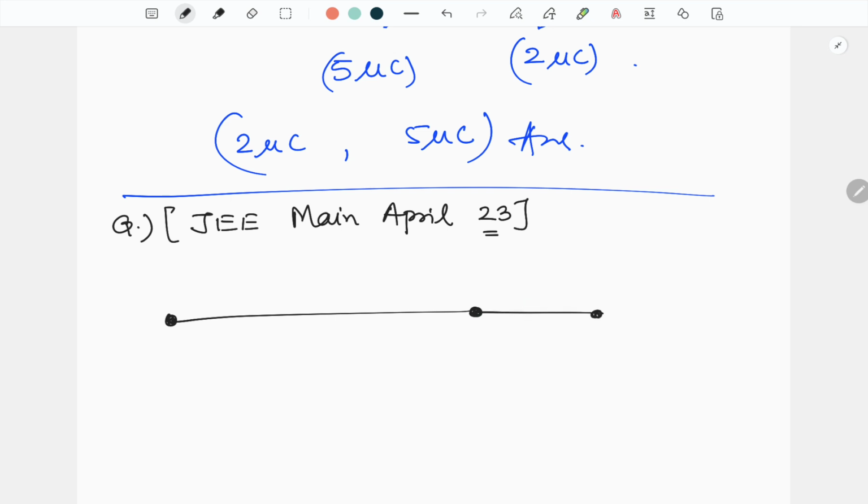The question is saying you have 3 charges. Q is here, minus 2Q is here, and 2Q is here, and positive X is like this. Okay. So Q is at origin.